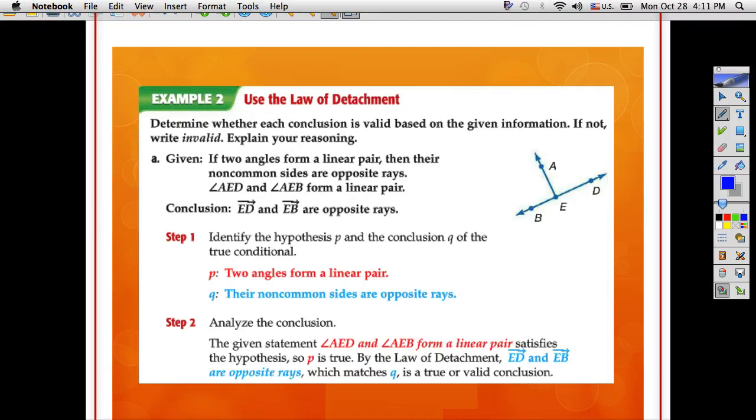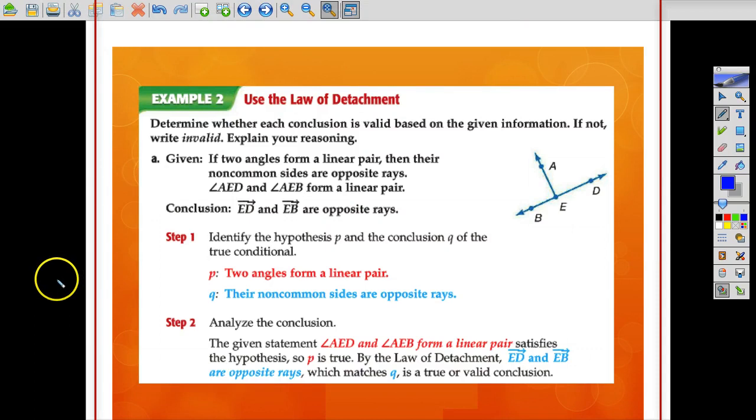So use the law of detachment. Determine whether each conclusion is valid based on the given information. If not, write invalid. Explain your reasoning. Given: if two angles form a linear pair, then their non-common sides are opposite rays. Angle AED and angle AEB form a linear pair.